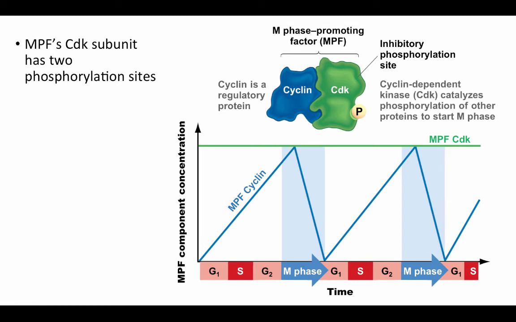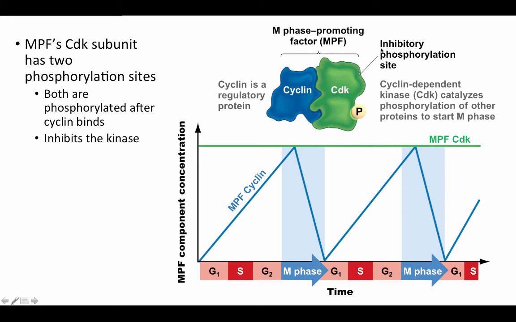So this is the cycle of the cyclin protein. And the CDK subunit has two phosphorylation sites. So we can attach phosphates here and here. Both are phosphorylated after cyclin binds. So when cyclin is bound here, there's going to be another phosphate group attached to the second phosphorylation site. And the second phosphorylation site is an inhibitory site.